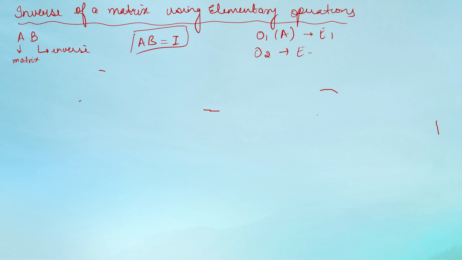You yield elementary matrix 2 with respect to elementary matrix 1. This will continue until your A, that is your matrix, becomes an identity. So let's say E2 E1 A is equal to identity. Each elementary row operation basically corresponds to an elementary matrix like E1, E2, and so on.